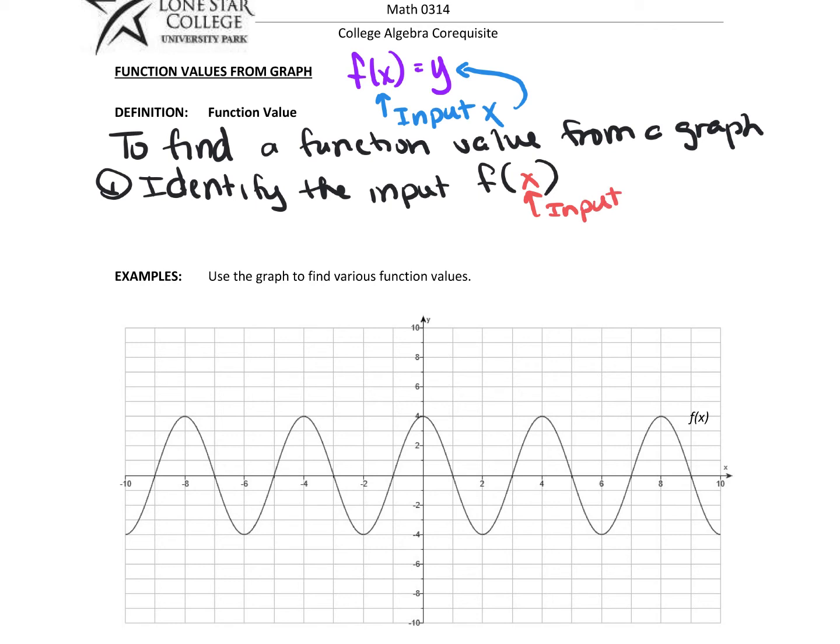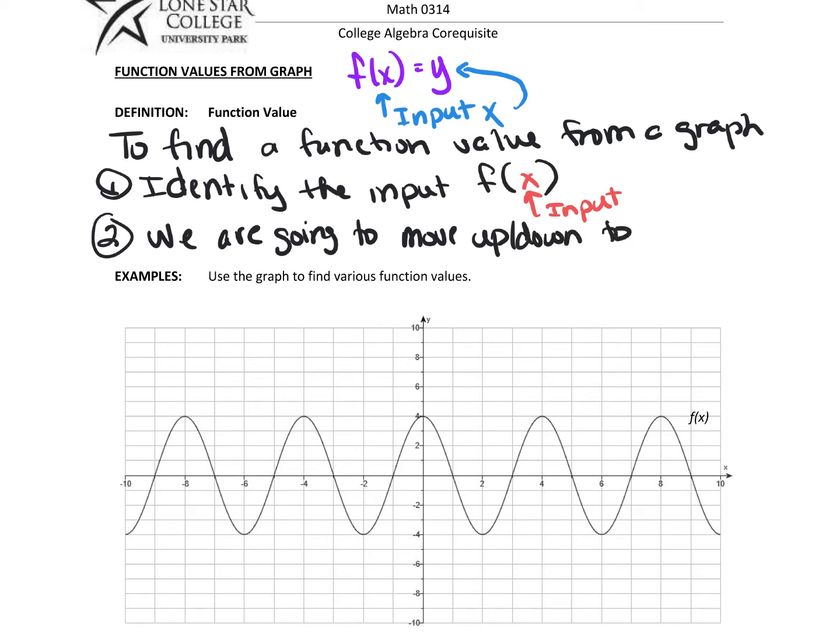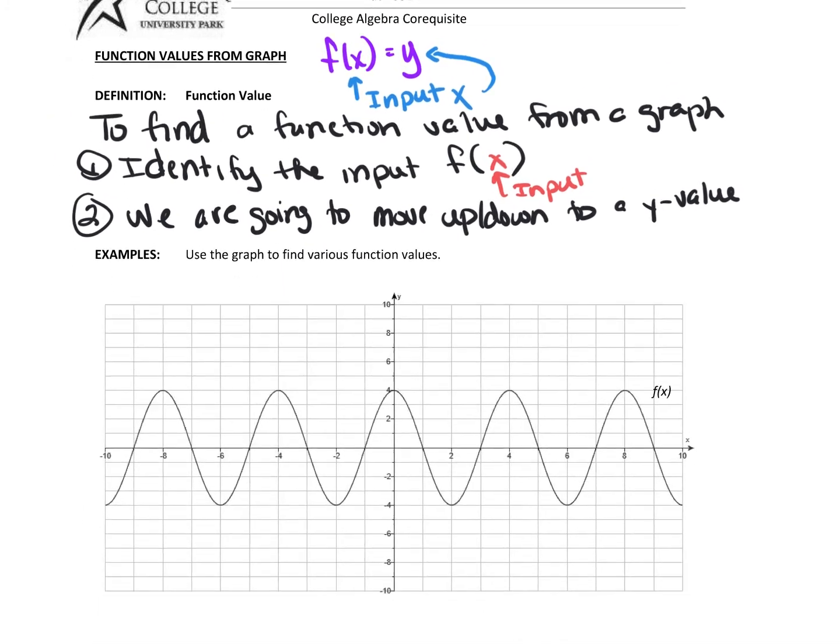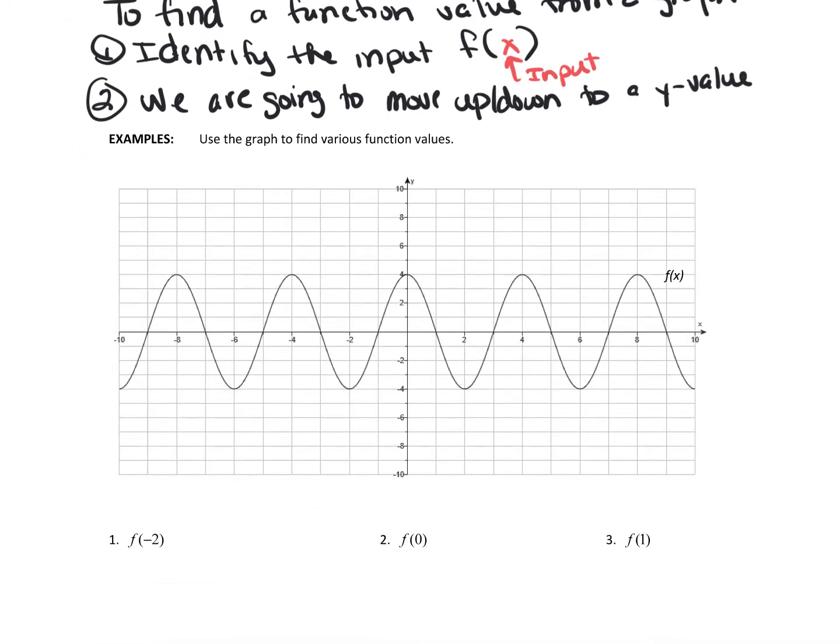And then we're going to move up or down to a y value. So we move up or down to a y value. And that y value should correspond to my input value. So let's look here at this.